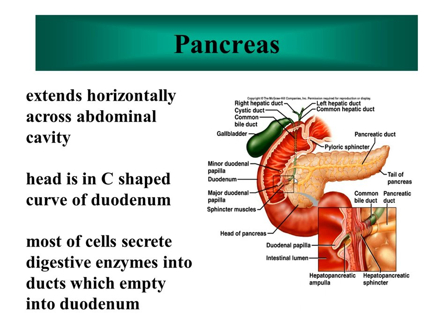Most of the cells secrete digestive enzymes into the ducts, which empty into the duodenum. So you have the minor and major duodenal papilla, and these ducts.